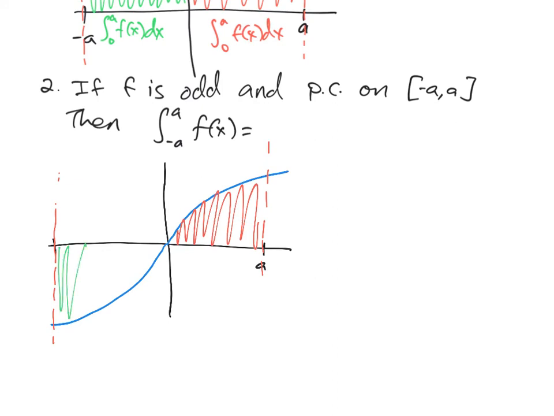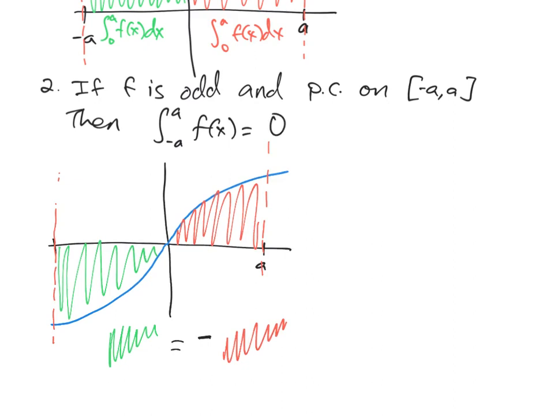And over here, we have the same thing, except now it's the signed area, and because it's below the x-axis, it's going to be negative. So the green stuff is actually the opposite, the negative value of the red stuff. And so if you add them together, then it equals 0.